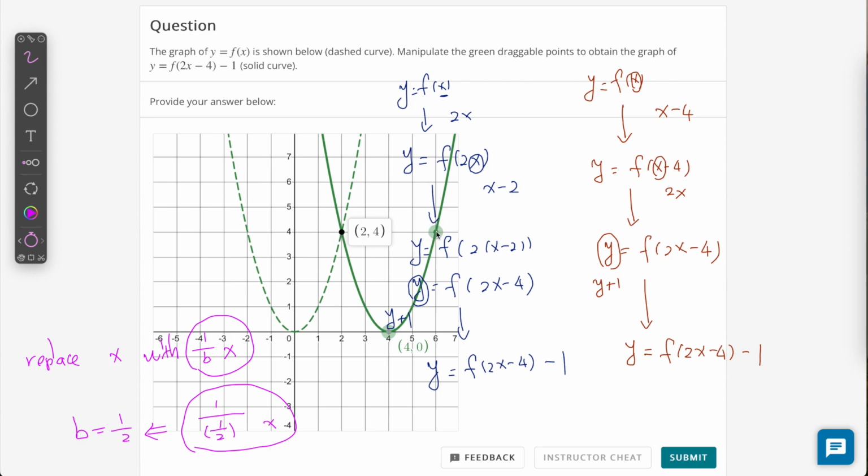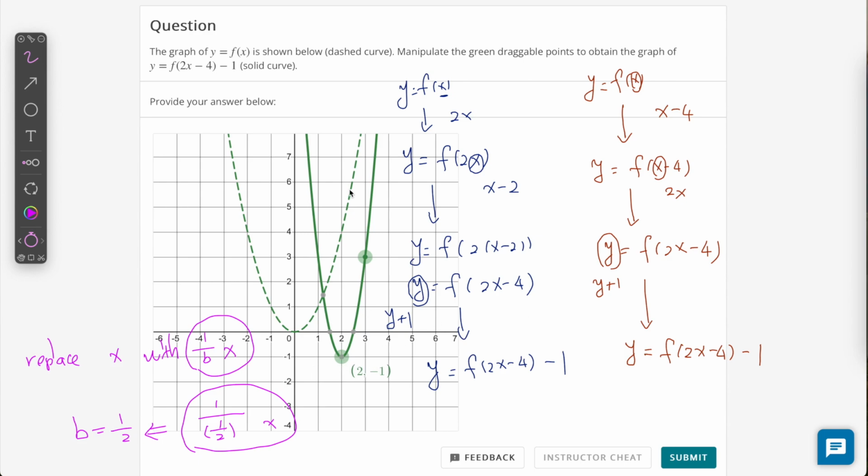And last but not least, this point 6, 4 is supposed to get shifted to 3, 4. Okay, keep that in mind. We're going to do it. 4, 0 gets moved to 2, 0, and this point 6, 4 will get moved to 3, 4. So that's like this. And then we shift down by 1 unit.